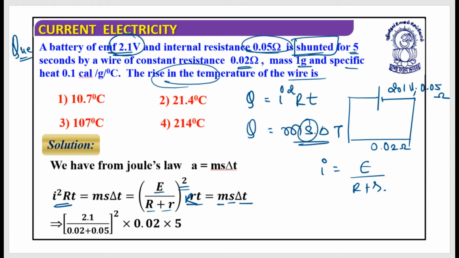It is given as 0.1 calorie, but this has been given in calorie, and everything else is given in the SI unit. So you need to convert this calorie to joule, and we know that 1 calorie is equal to 4.186 joule.